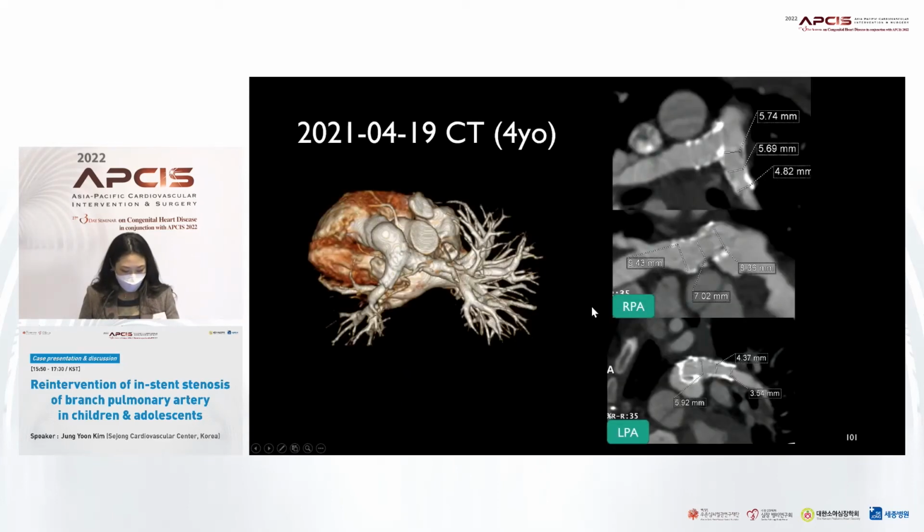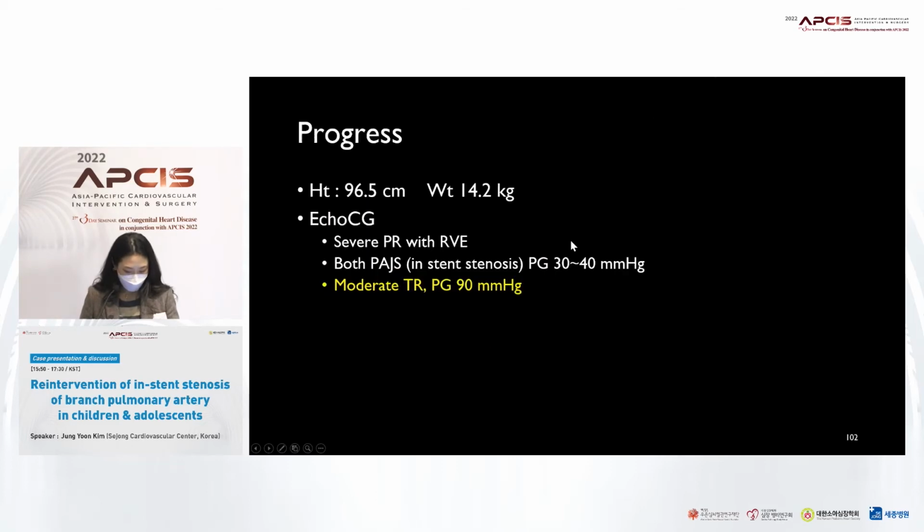Follow-up CT shows relatively improved RPA vascularity compared to the first CT, but still multiple PPS and poor LPA development, and also aggravated in-stent stenosis. So he presented with failure to thrive, and echo shows severe PR with RV enlargement, both PA junctional stenosis and moderate TR, and a pressure gradient of 19 millimeters of mercury.